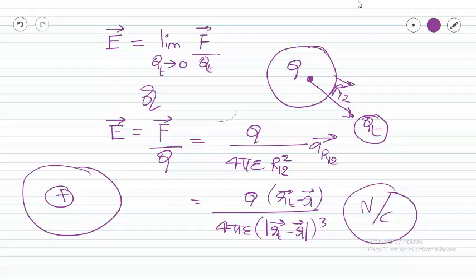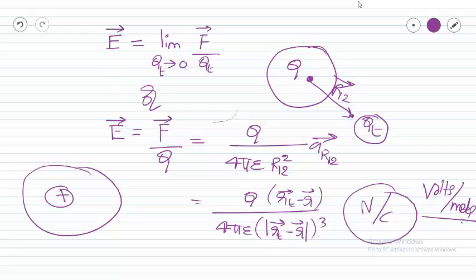If you bring some test charge into this field, the force experienced per unit charge at a particular point is nothing but the electric field intensity. It has units of newtons per coulomb, or more generally, volts per meter also.